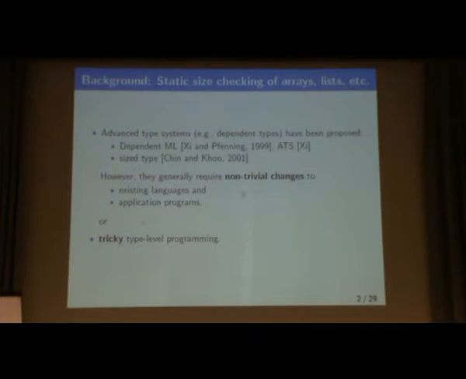But generally, they require non-trivial changes to existing languages and existing application programs. Or you can use tricky type-level programming. And I heard that recent versions of GHC incorporated even some SMT solver into the type checker. But we want to use a simpler ML type system for this purpose.